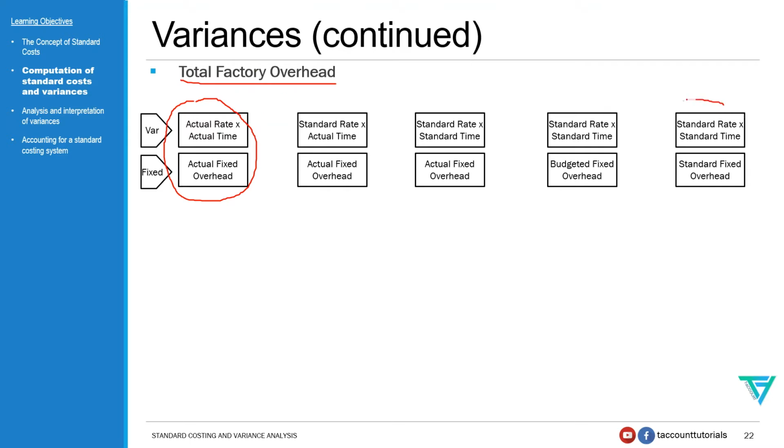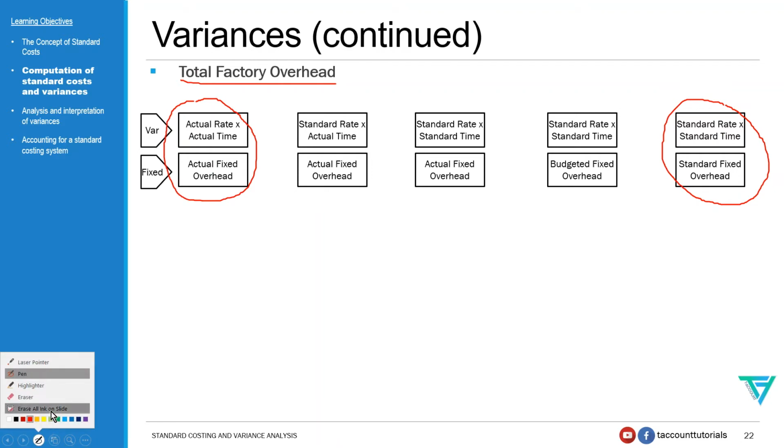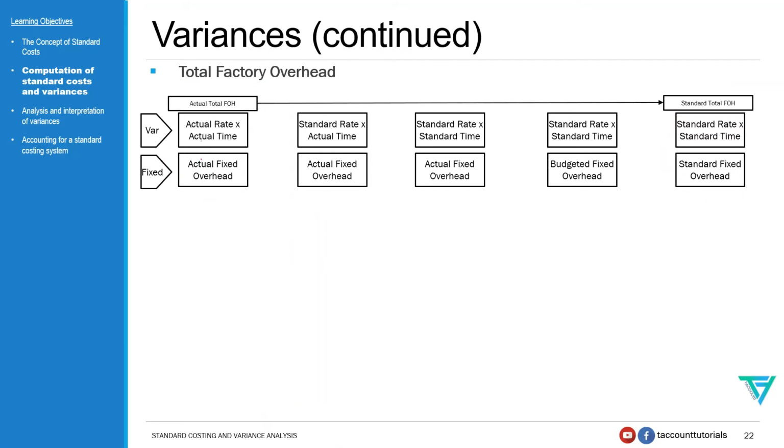And then if we go to the rightmost portion here, these two are both the standard variable and the standard fixed. So that also provides us the total standard factory overhead. All right, so within these two total amounts, we already have the two components which we are trying to analyze. There you go. So again, we have the total actual and the total standard, right?